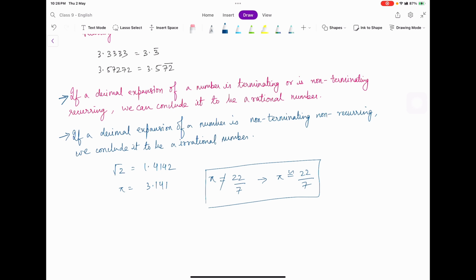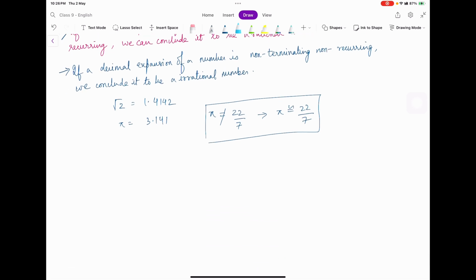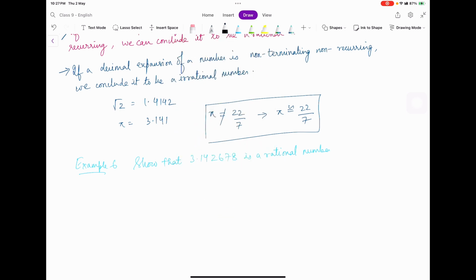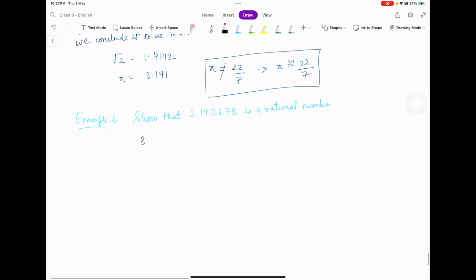So what will we do? We will go for examples now. Example 6. What is the question? Show that 3.142678 is a rational number. See, these questions will never be asked in an exam. If asked, it is for 1 mark only. Show that, see, this number is neither recurring nor anything, but it is finite.